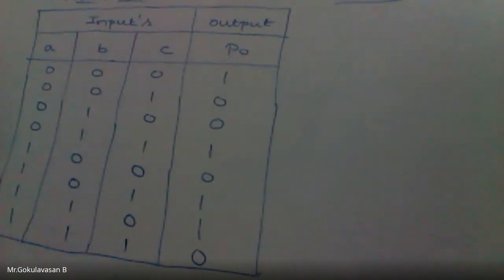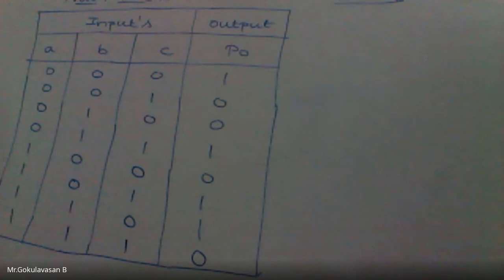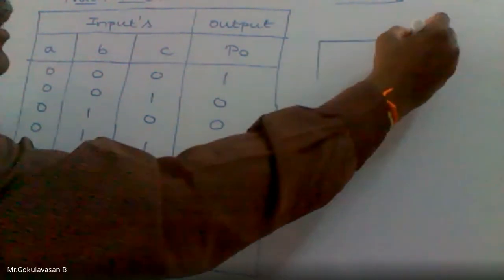How many cells should be there? Yeah, 2 power 3, 8. Yeah, 8. 8 means I can draw an 8-cell K-map, like this.